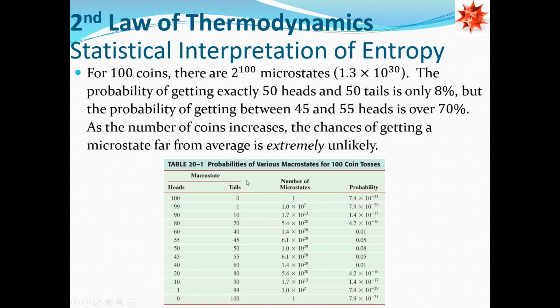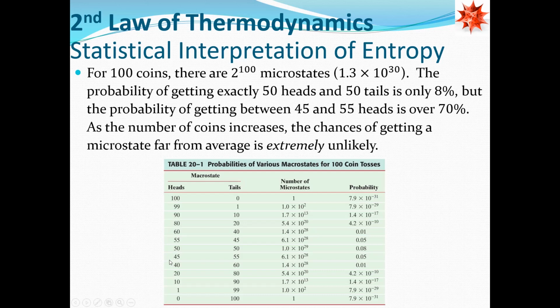And then the other thing this says is about probability. The thing that's interesting is that this one is the most probable, but in real life cases, getting exactly 50 heads and 50 tails is a little bit on the tougher side. It actually won't be as easy.